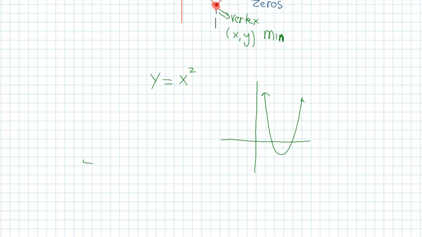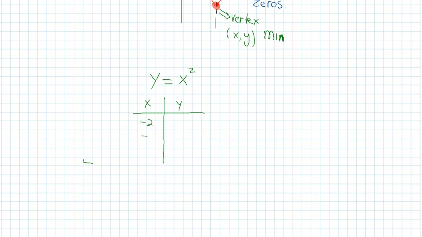So let's first look at how the original parabola looks. Let's do a table of values. In a table of values, you usually pick values for x. So we're going to pick values of negative 2, negative 1, 0, 1, and 2. These are the x values that you pick.